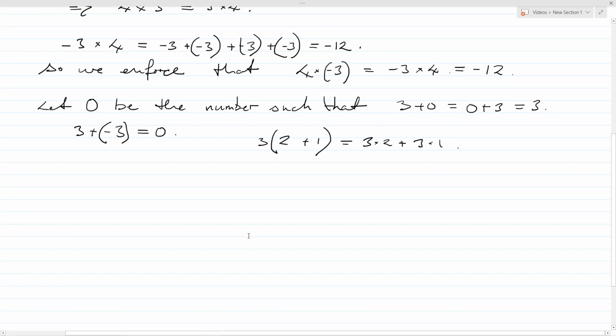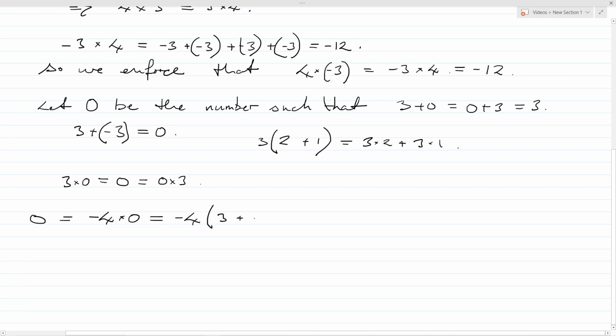Right, so what we've got is 3 times the quantity 2 plus 1 is 3 times 2 plus 3 times 1. Now, we also know that any number times 0 is going to be 0 lots of 3. So that's 0, and because it's commutative, we have 0 times 3. Putting this all together, we're going to have minus 4 times 0 is equal to 0, as we know. Then we have minus 4 times the quantity 3 plus minus 3, which is 0.